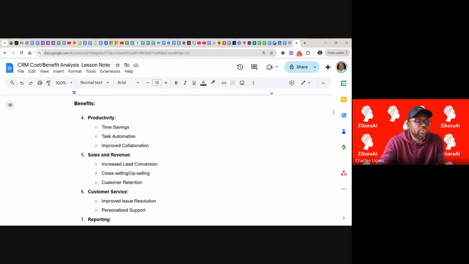Then as we go forward, for instance, here we have sales and revenue. Under sales and revenue, increased lead conversion. It helps you to convert more leads. For instance, when you are doing it manually, in a week, you just convert, let's say, 5 leads. But after the automation, with the CRM system in place, you find out that now, in 1 week, instead of converting 5 leads, you are now converting 20 leads.